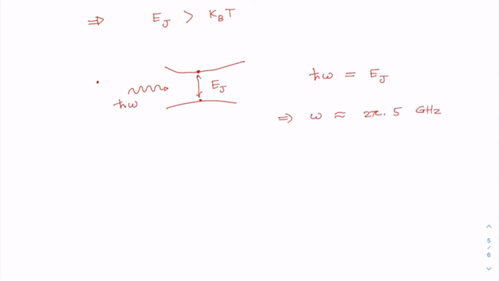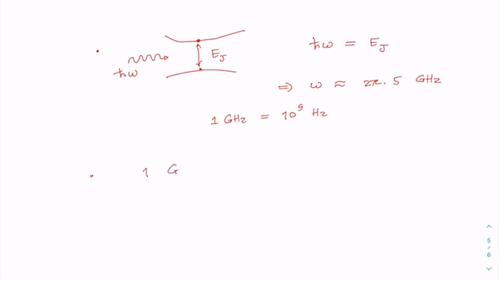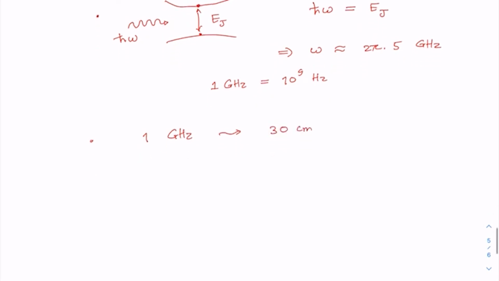Just by the way, 1 gigahertz is equal to 10 to the power 9 hertz. You may know that gigahertz frequencies are nothing but microwaves. In fact, 1 gigahertz corresponds to about 30 centimeter. You can convert frequency into wavelength using the relation lambda is equal to c by nu.